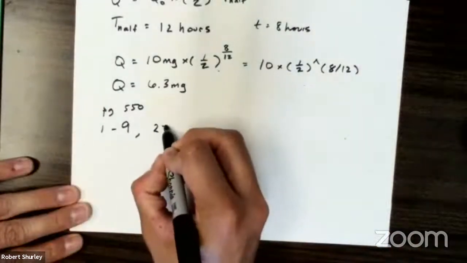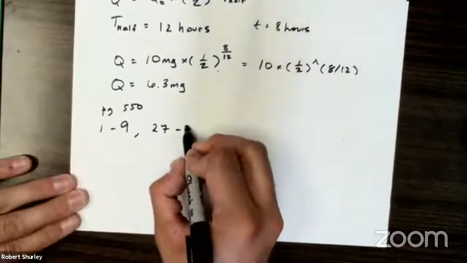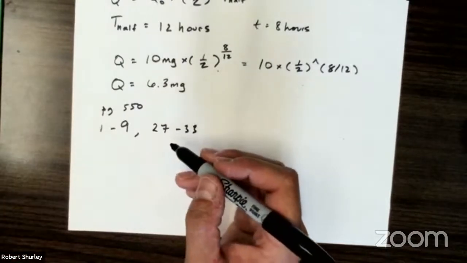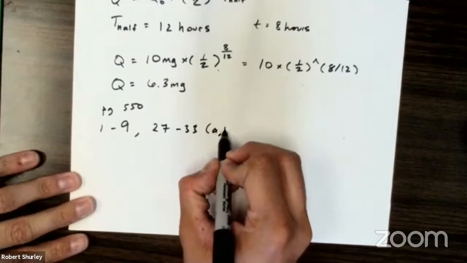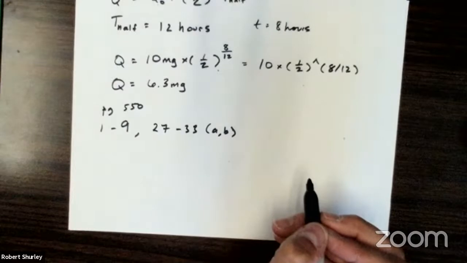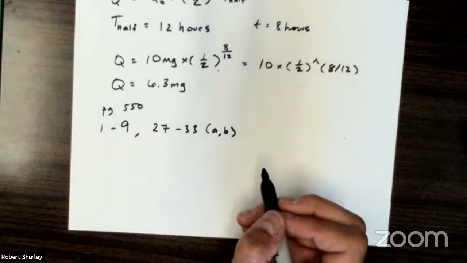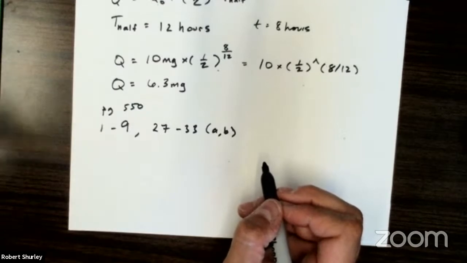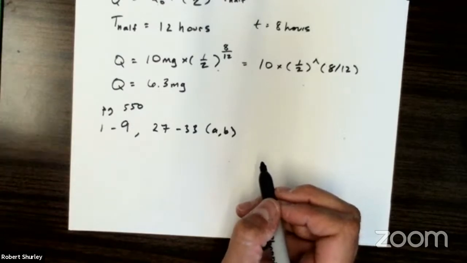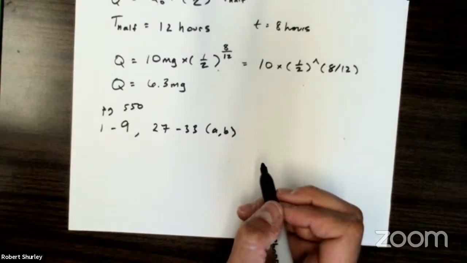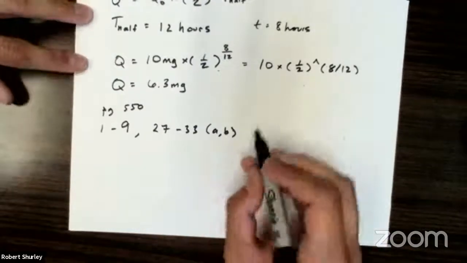So 1 through 9, 27 through 33. Now on 27 through 33, they ask you like 3 different questions. I want you to just do A and B. Don't worry about making the graph on C. And then let's look at this. Let's do 41.